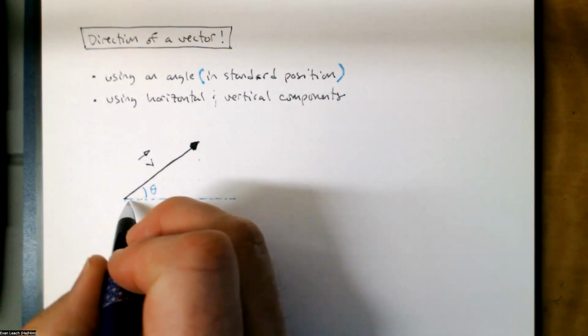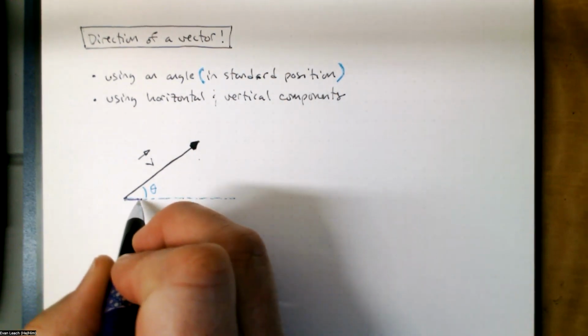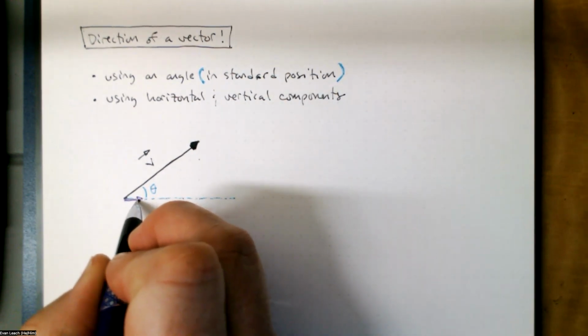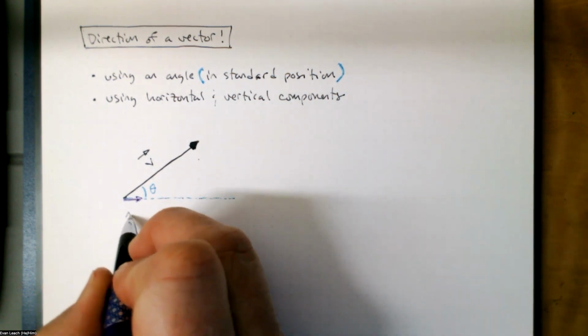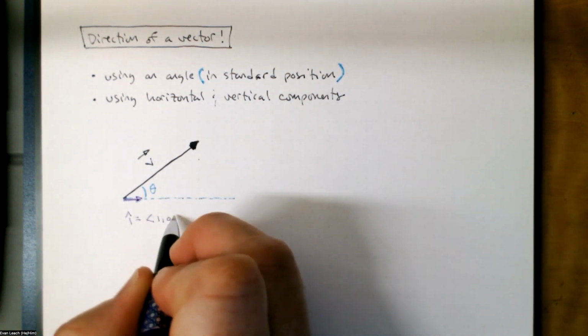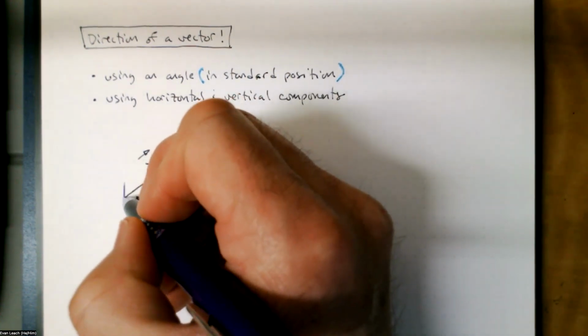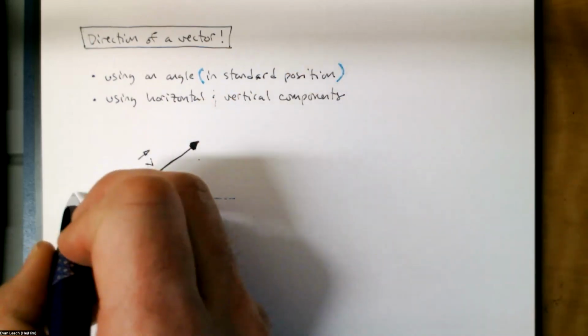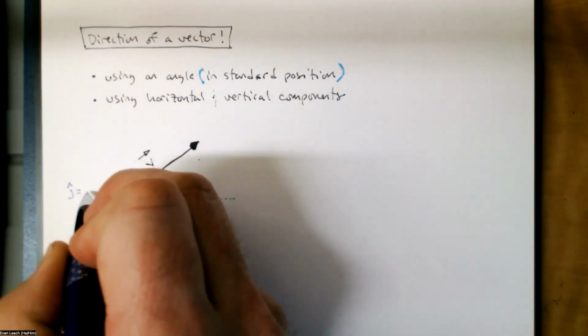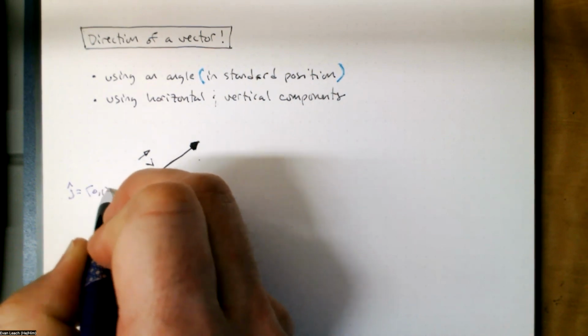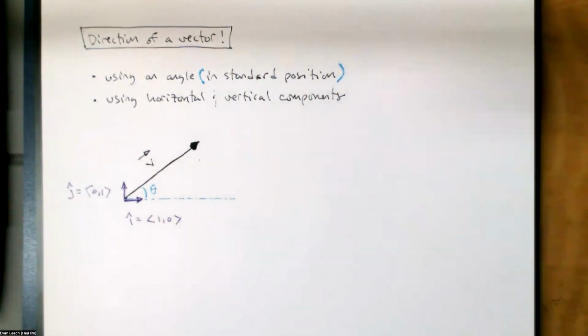So we may use multiples of these unit vectors. We'll describe the vector with how many horizontal units we have and how many vertical units we have.